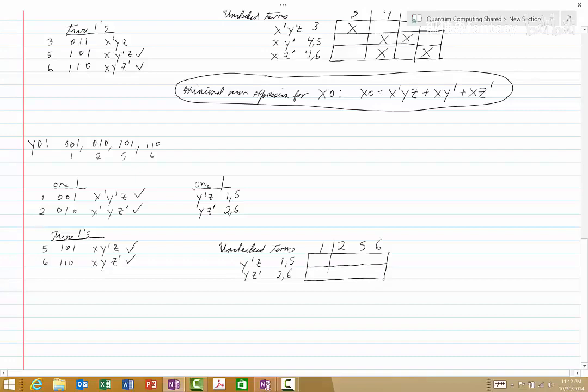It's going pretty quickly. And every one of those x's is alone in its column, and therefore both of these terms here are necessary. So we get the minimal sum expression for YO is equal to y prime z or y z prime.